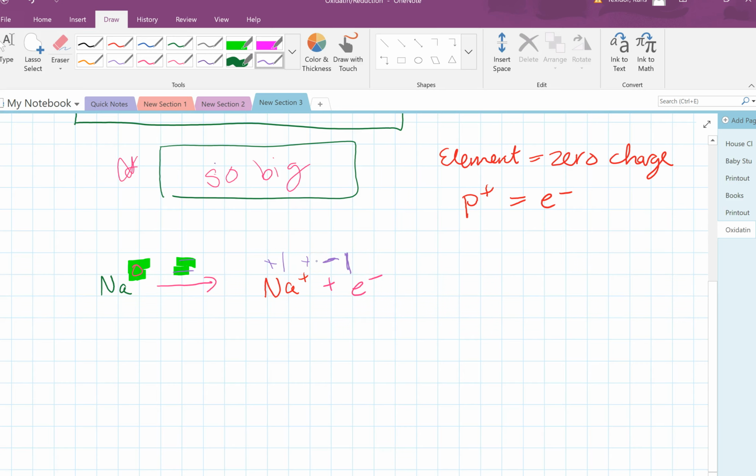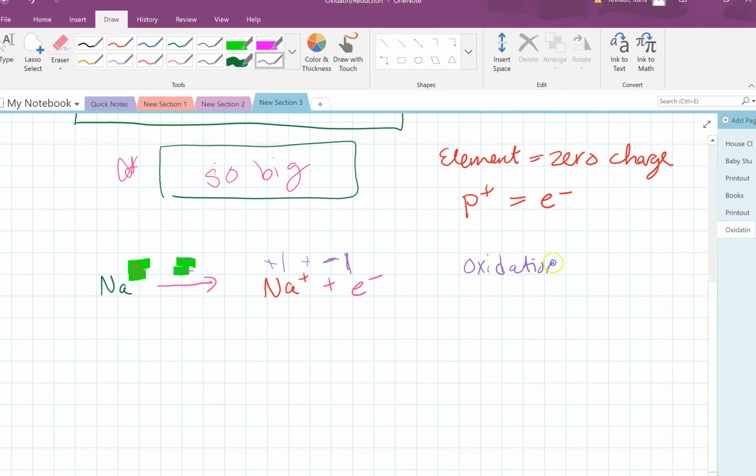So for a redox part, we have oxidation occurring because we've lost an electron.